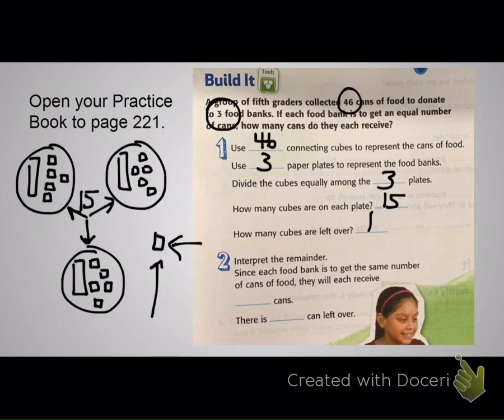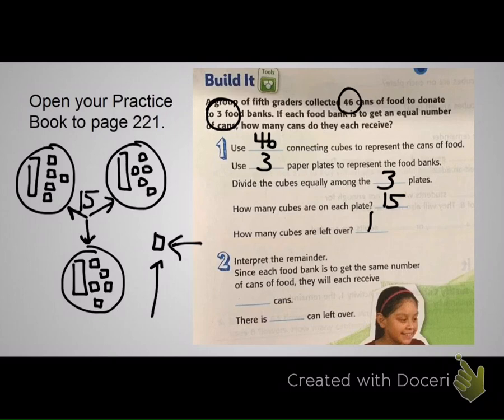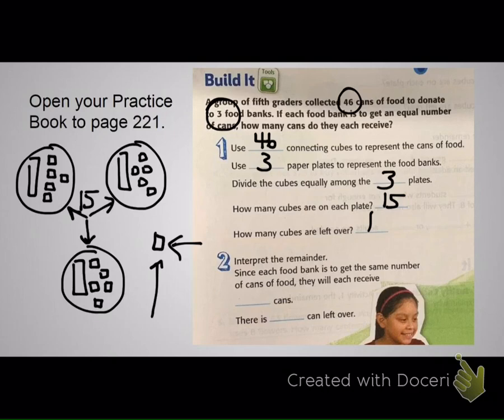Since each food bank is to get the same number of food cans, they will each receive how many cans? Well, they're going to receive 15 cans, aren't they? Can't use 16. So in this case, we're going to go ahead and ignore this, because we can't fit 16 to give to each food bank, just 15.